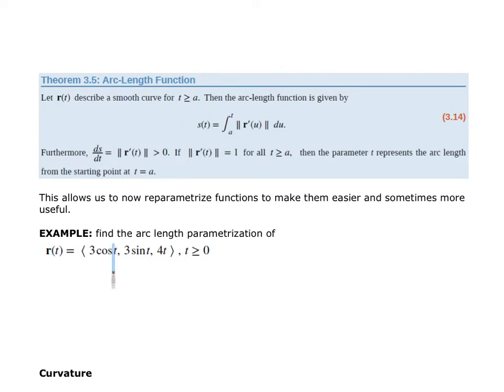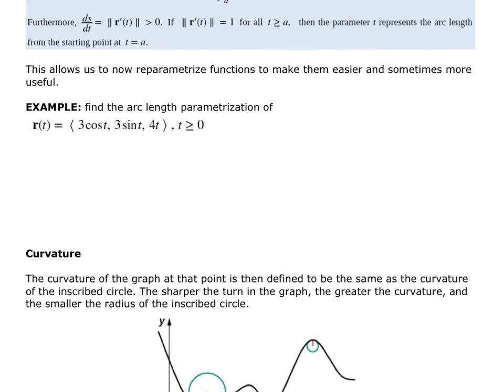And so if I want to find the arc length parameterization of this, the first thing I'm going to do is find the derivative, so that doesn't change. So r prime of t is going to be equal to -3 sine of t, comma, 3 cosine of t, comma, and then of course 4.